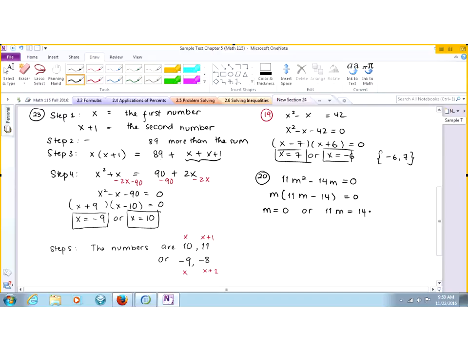Yay or nay? Okay, so what is m equal to? 14 over 11. Alright. So you have two solutions, 0 and 14 over 11. Okay, good.